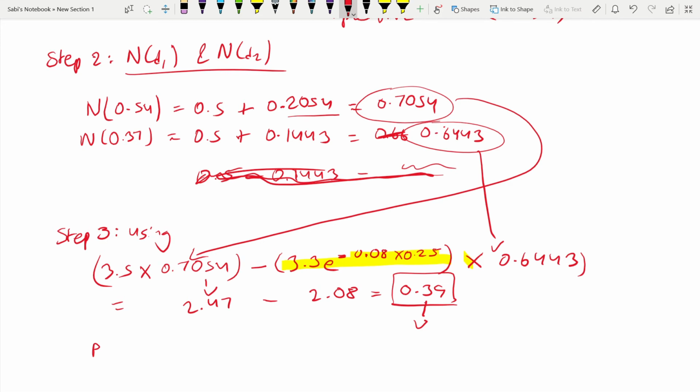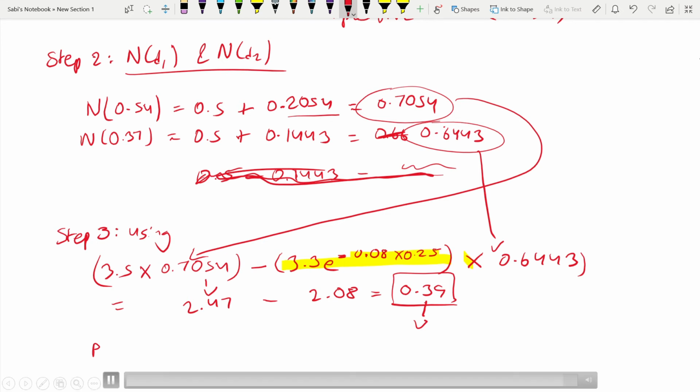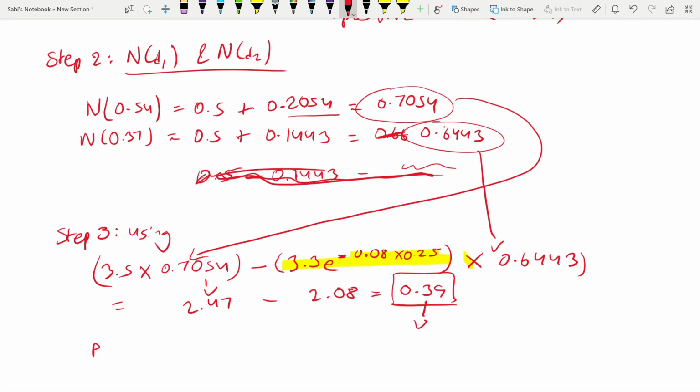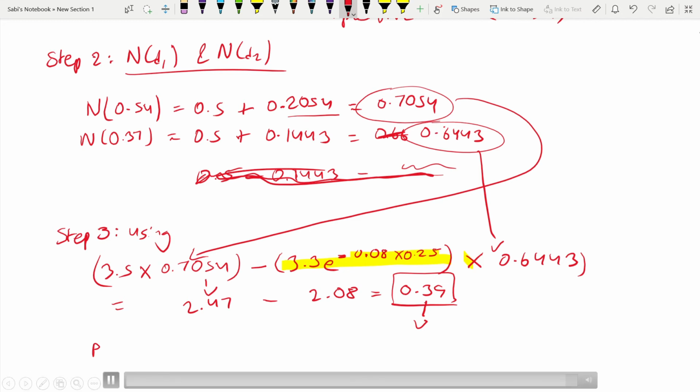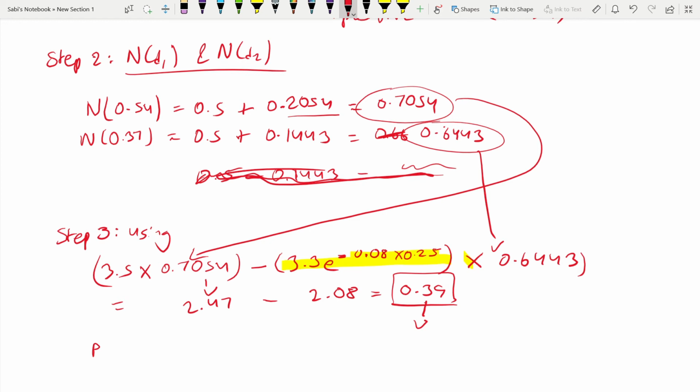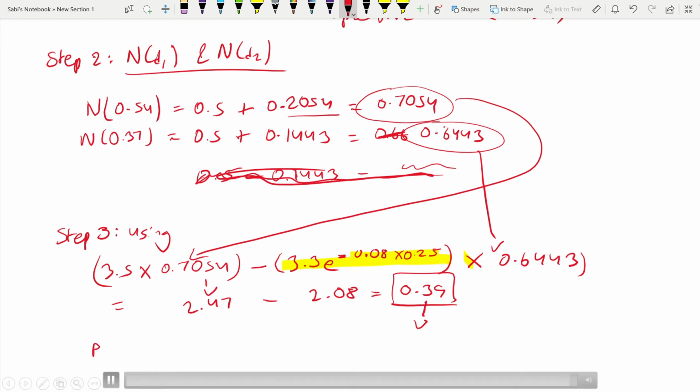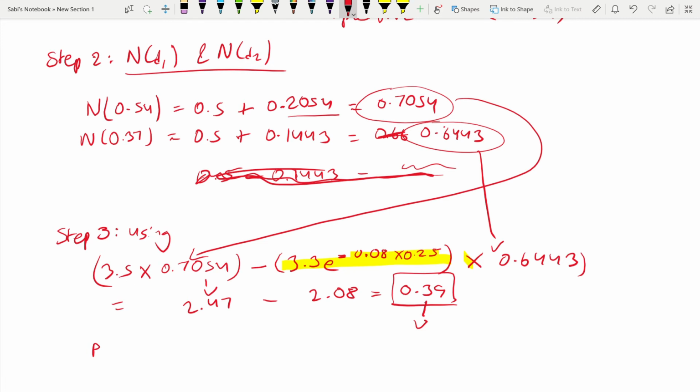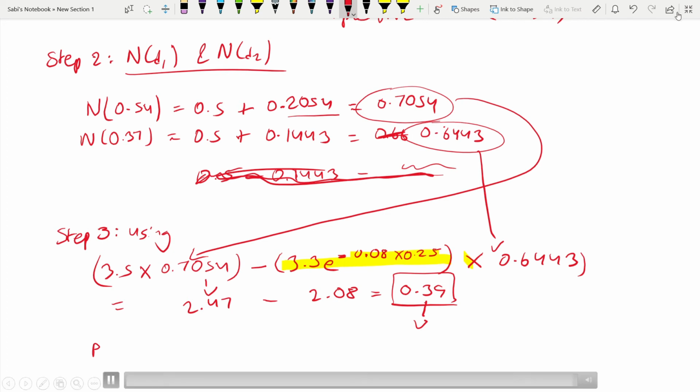But you have to use the value of the call option to find the put option. That's why it's known as call put parity. There's a relationship between these two. You cannot find out the value of the put option without finding the call option. So whether call or put, you have to find the value of the call option. Then only you can reach the put option. So in the exam, you first have to identify whether it's a call option or a put option, to use the Black-Scholes option pricing model to value that option.